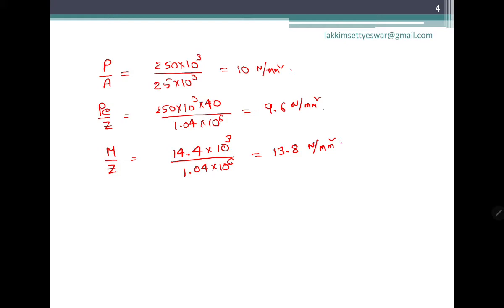Now let's calculate the resultant stresses. In resultant stresses we will add all the contributions.